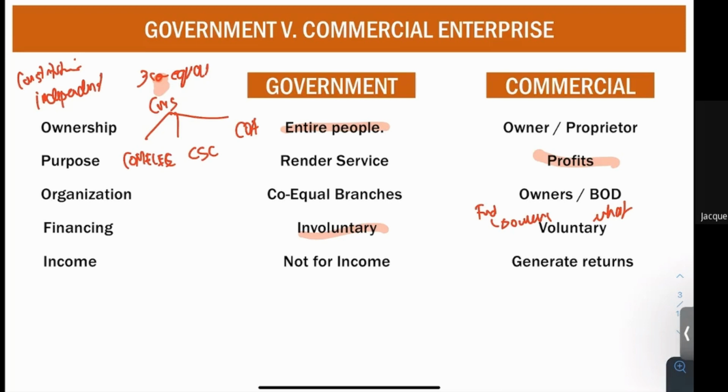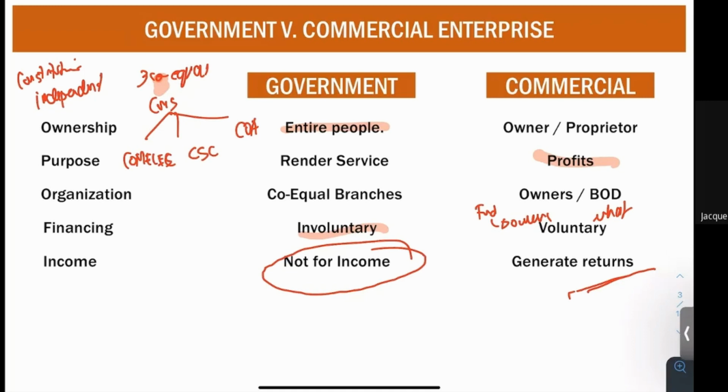Now, as to income, we said that the main purpose of your government is to render service. Therefore, it is not for proprietary purposes. It is generally for service. But for commercial, it is for profit or for returns. So take note of the differences between government and commercial enterprise.